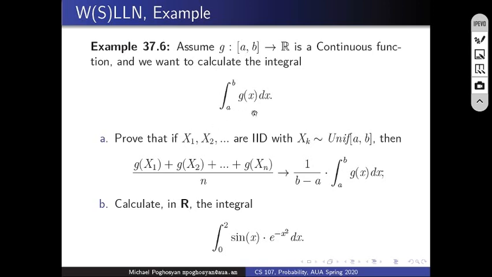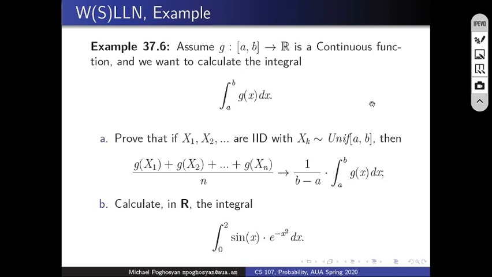Okay, so let's see how we can calculate this integral. First part is the following. Prove that if x1, x2, etc. By the way, sorry, nothing probabilistic here. We have some function, a and b numbers over some interval, and we want to calculate this number.